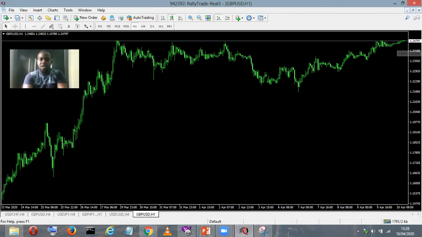This is the current exchange rate of the Great Britain pounds against the US dollar. It is that simple. So right now, what is happening? The market is going up. So it is a bullish market. And so the Great Britain pounds is doing far better than the US dollar.